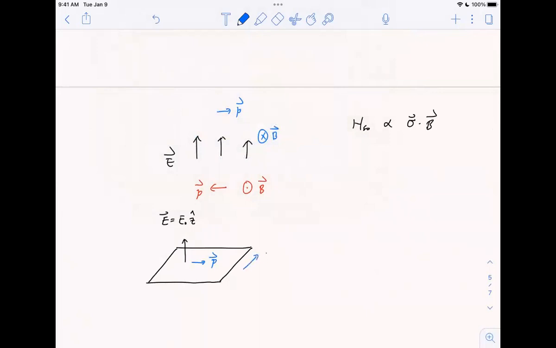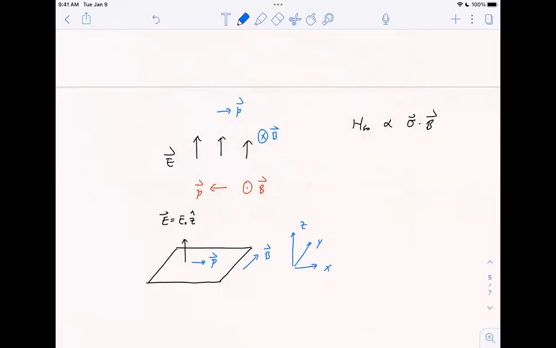So this will be the B field. Is that okay? E cross P, right? So this into the plane. Then this will be pointing in what? Let's say this is X, this is Y, this is Z.